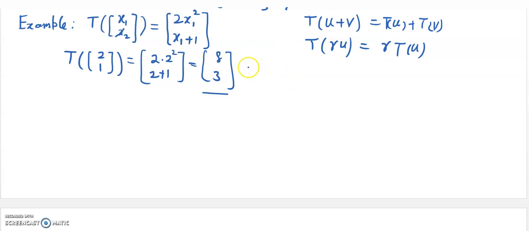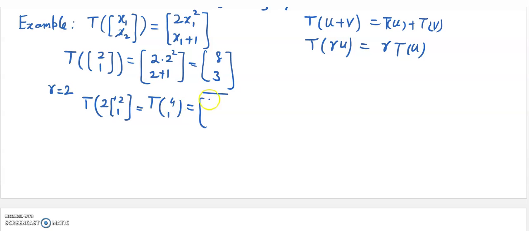If we take any scalar r, say 2, and want 2 times this (2, 1), then it will be T of (4, 1). If we apply this transformation, it will be 2 times 4 squared, and then 4 plus 1.